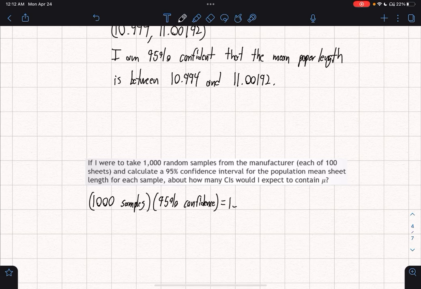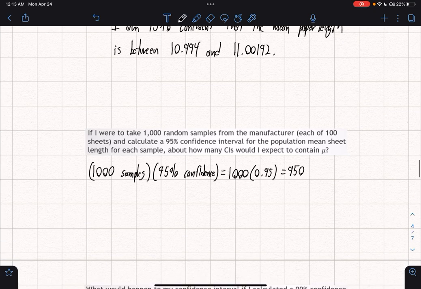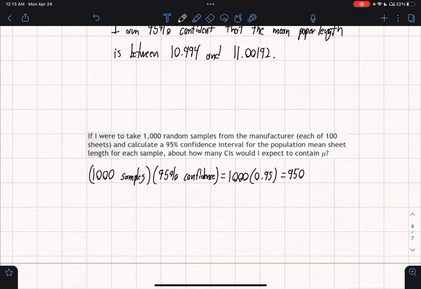And so this would be 1,000 times 0.95, or 950. Because this is our other interpretation of a confidence interval, that 95% of our intervals will contain the true population mean mu.